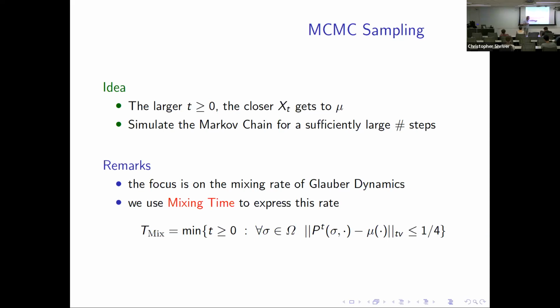This total variation distance is essentially the L1 distance divided by 2. And for our purposes, we would like to have mixing time be some small polynomial of the size of the graph, something like n squared or n log n, perhaps.